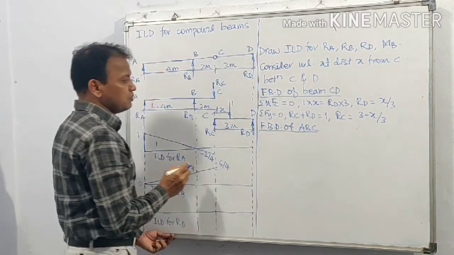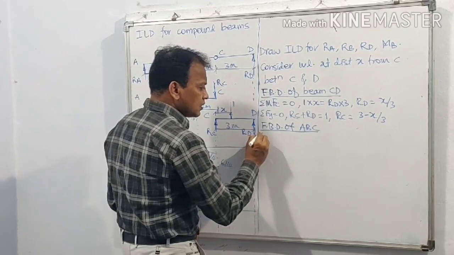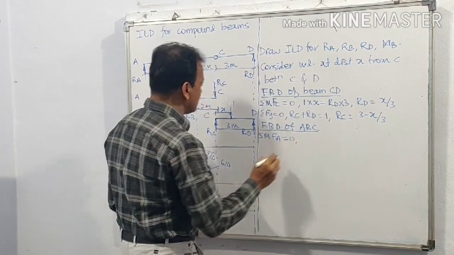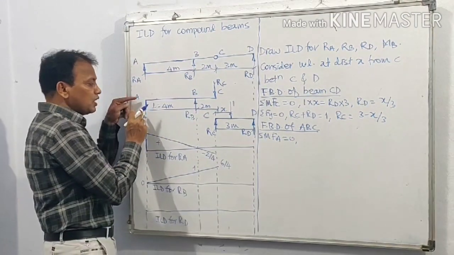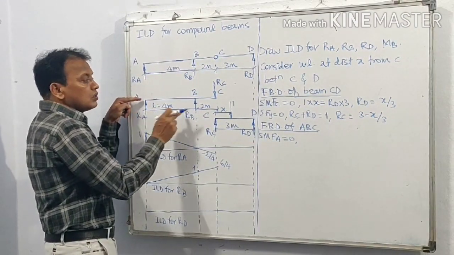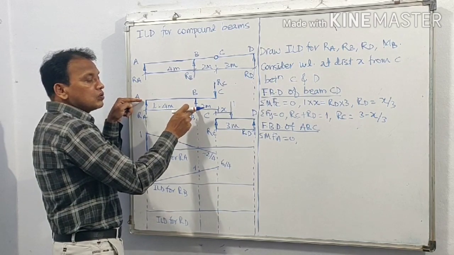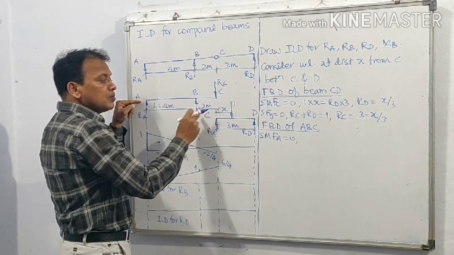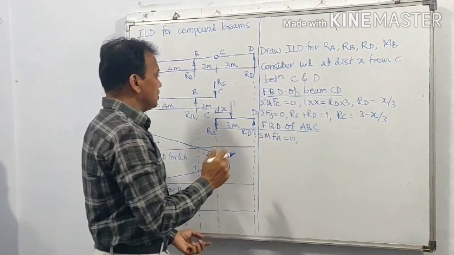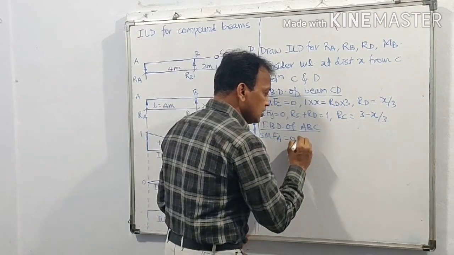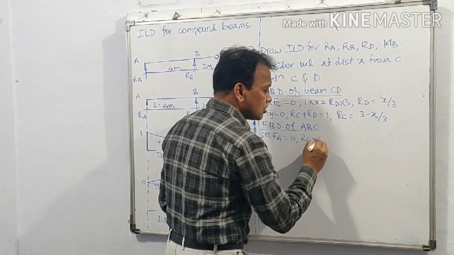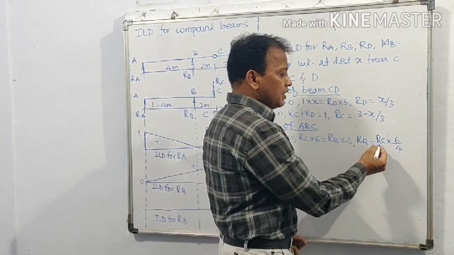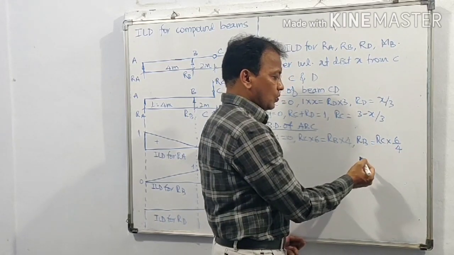Summation of moments about A is equal to 0. Moment is taken about A. RA into 0, RB into 4 plus RC into 6 minus RB into 4. RC into 6 is equal to RB into 4. RB is equal to RC into 6 upon 4.